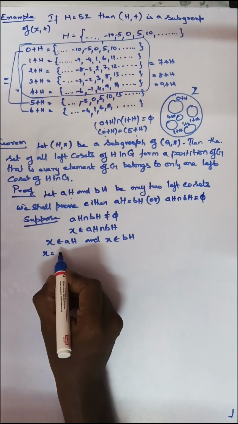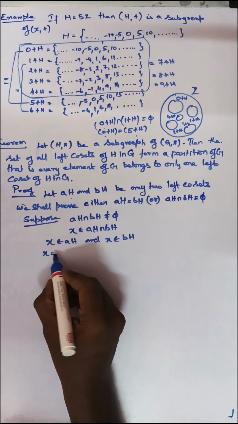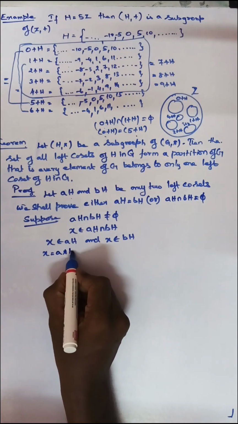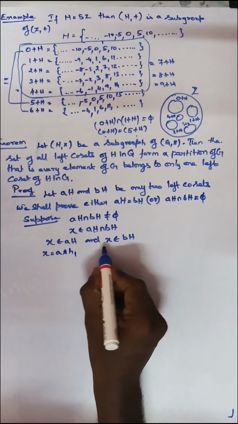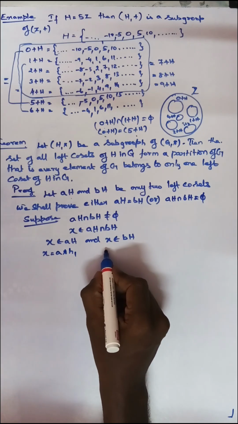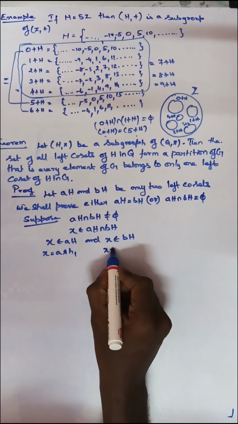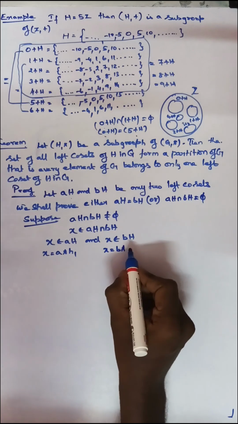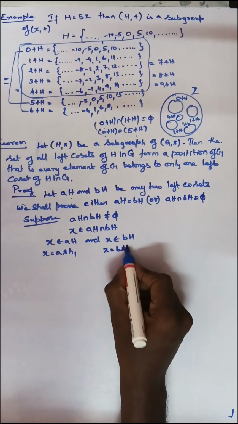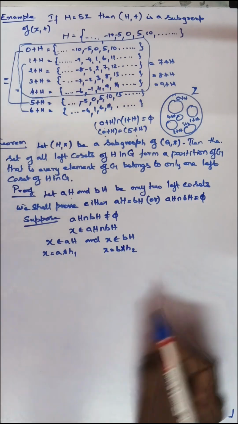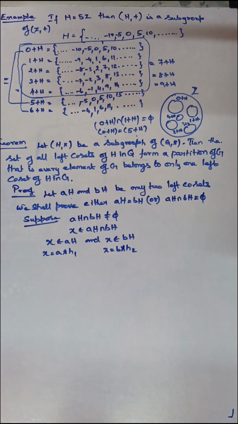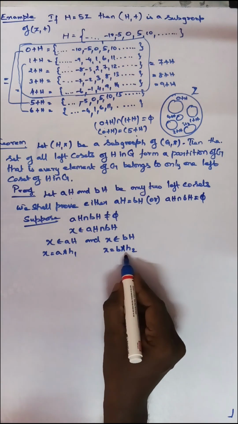Now the left coset form: we can write X equal to A star H1, and for the other left coset, you can take any other element H2, so X equal to B star H2.